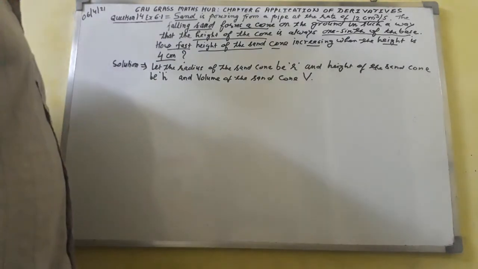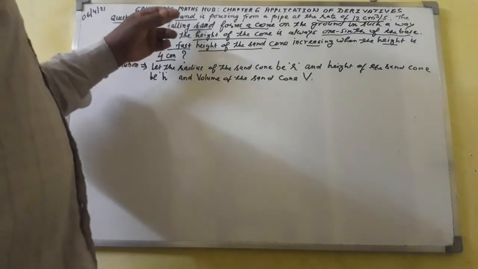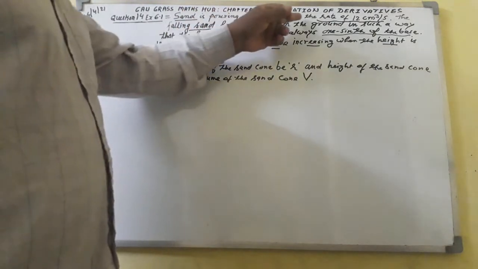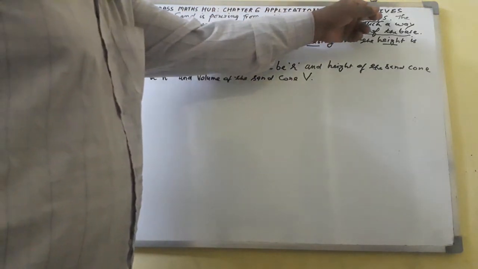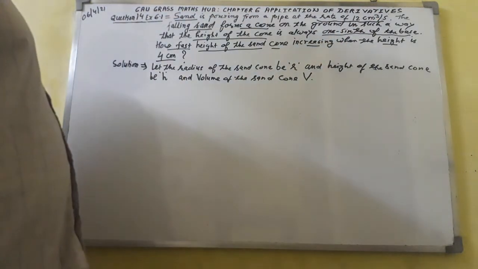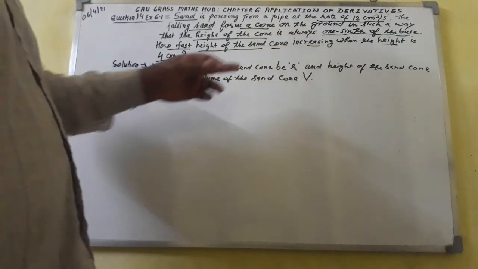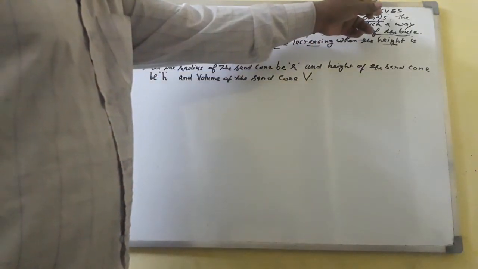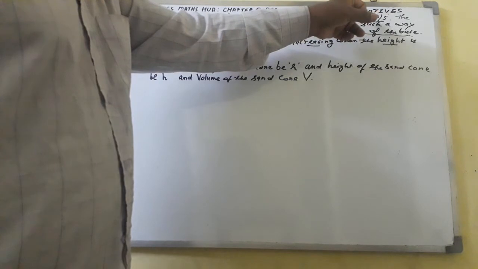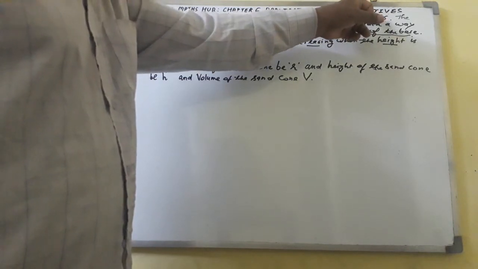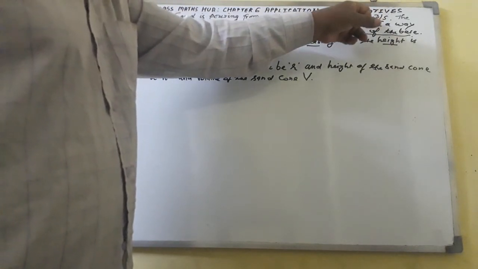So here it says sand is pouring from a pipe at the rate of 12 centimeter cube per second. Centimeter cube per second means volume per second.